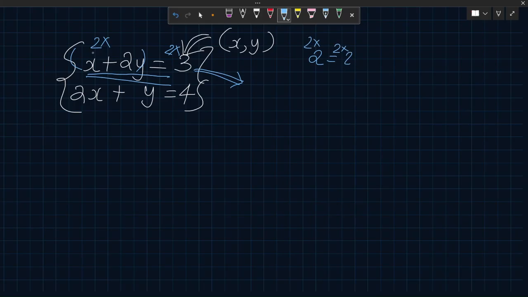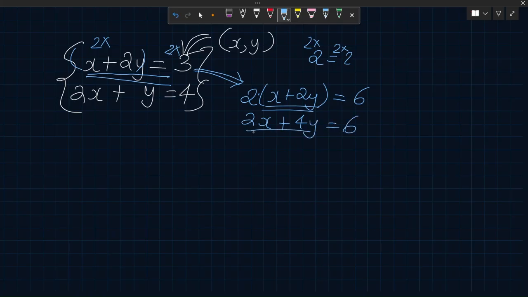So if x plus 2y is 3, that means 2 times x plus 2y. X plus 2y is a number, so 2 times that number must be 6, which means 2x plus 4y must be 6. Now finding a solution to this is the same as finding a solution to this.